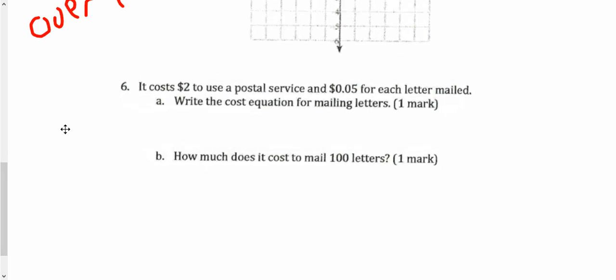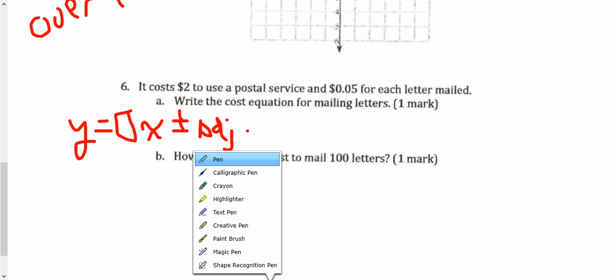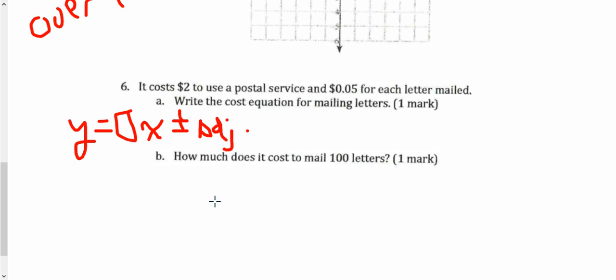Y is equal to something happening to x plus or minus an adjustment, a cost adjustment. Well, let's look at this. It says it costs $2 to use the postal service and 5 cents for each letter mailed. Write a cost equation. Well, it's always something about y.